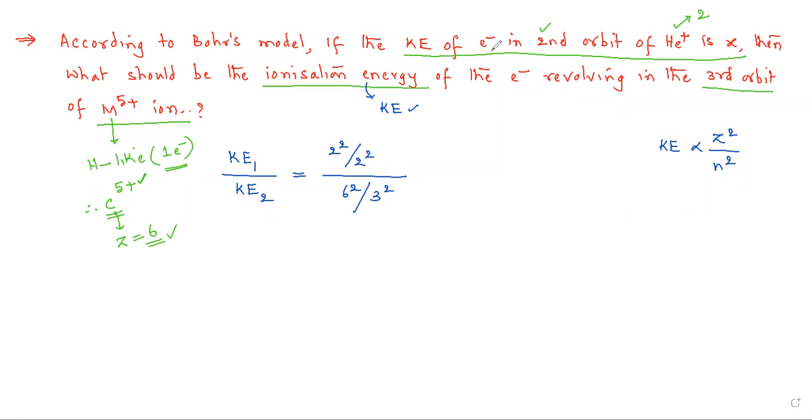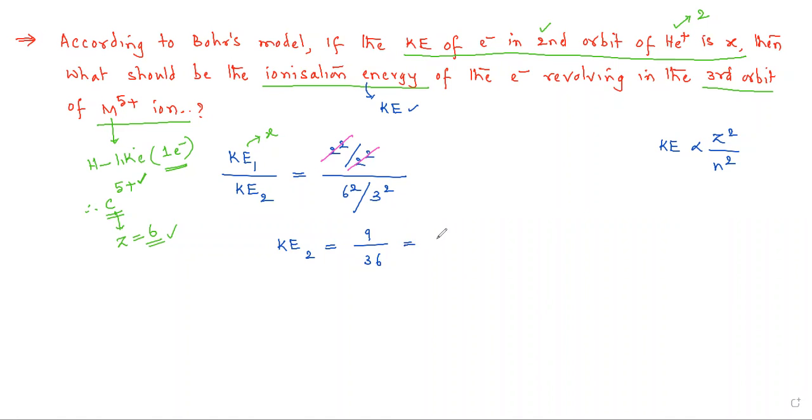Right. Now the kinetic energy in the first case is also given as x. Let us write the kinetic energy in the second case. You can cancel out the things. These two get cancelled. Then 3 square, of course, goes into numerator. It is 9 by 6 square is 36.